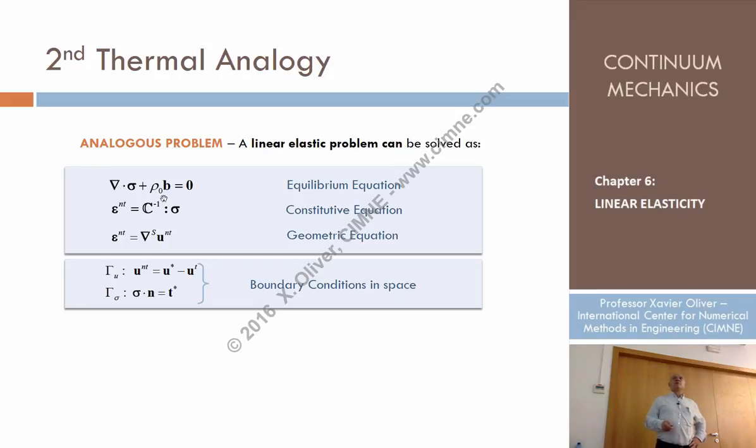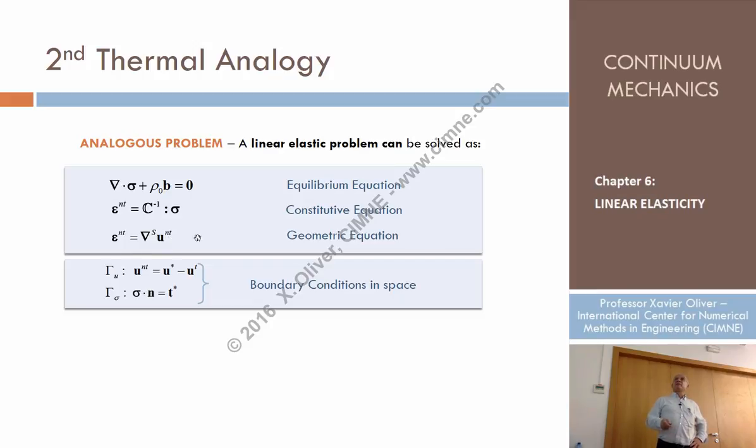That is the equilibrium equation, which is unmodified. The constitutive equation now is given on the thermal part of the strains. So the non-thermal strains equal, that's the inverse Hooke's law for isotropic material. And then the strains are already formulated in the non-thermal part of the strains as a symmetric gradient of the non-thermal part of the displacement.